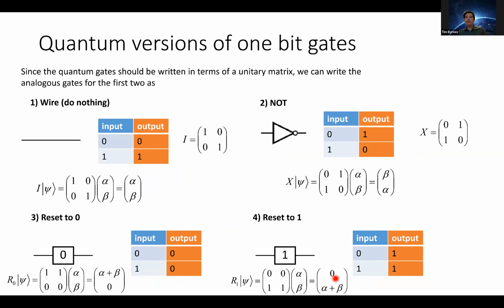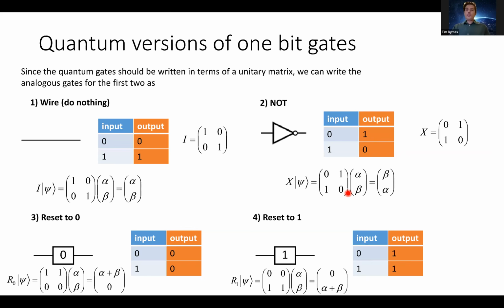We can make quantum versions of the first 2, because what we want to do here is basically transfer the input state to the output state, and the identity matrix is exactly what does that. The NOT gate is the matrix that flips the input. And so this is a valid quantum gate.